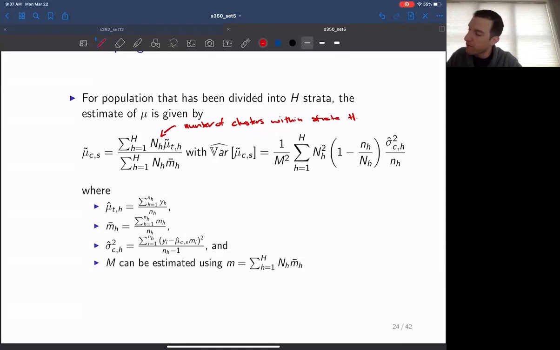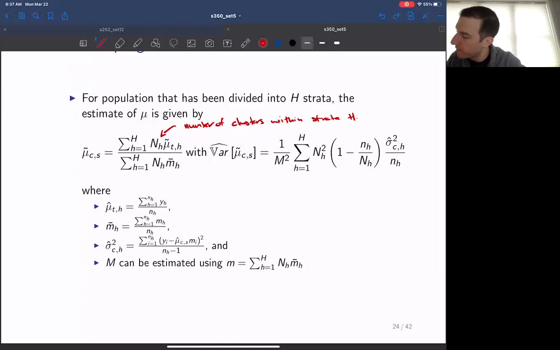So we have the sum from i equals 1 to little nh of the yh over little nh. And then we divide by the sum from h equals 1 to capital H of Nh multiplied by little m bar h, which we can estimate using our information from the strata.